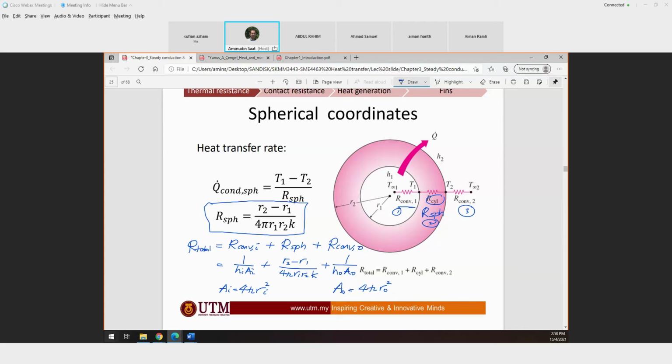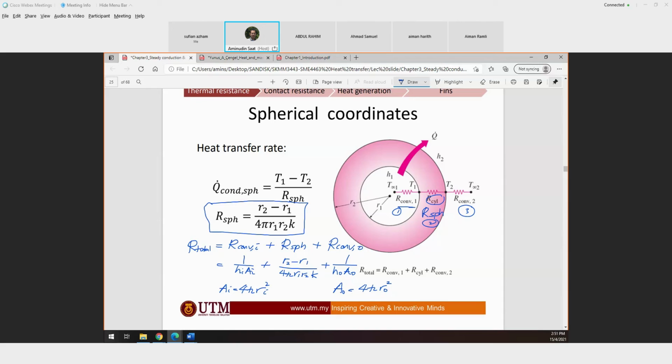So like the cylindrical, the difference is due to the area and also the conduction resistance. Okay, the rest is the same, the concept also the same.